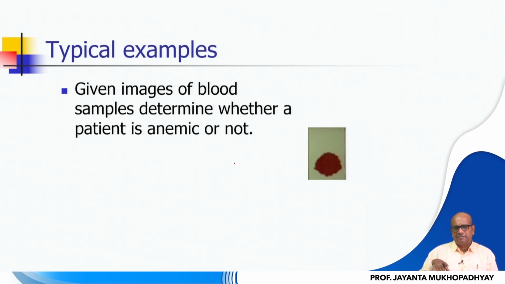As you can see, it's a colored image, and the red part is because blood is red. A very simple feature descriptor of the whole sample could be that for whichever pixels are associated with the blood sample, we consider the color pixels and take the average of the red component, green component, and blue component.